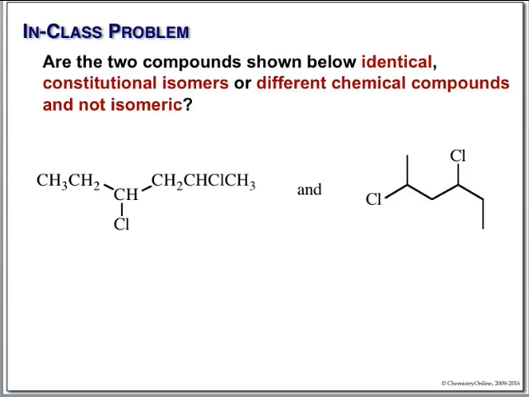All right, now let's see, we have chlorines, don't we? If this was carbon 1, then the chlorine would be attached here to number 2. All right, this is 2, 3, and 4.